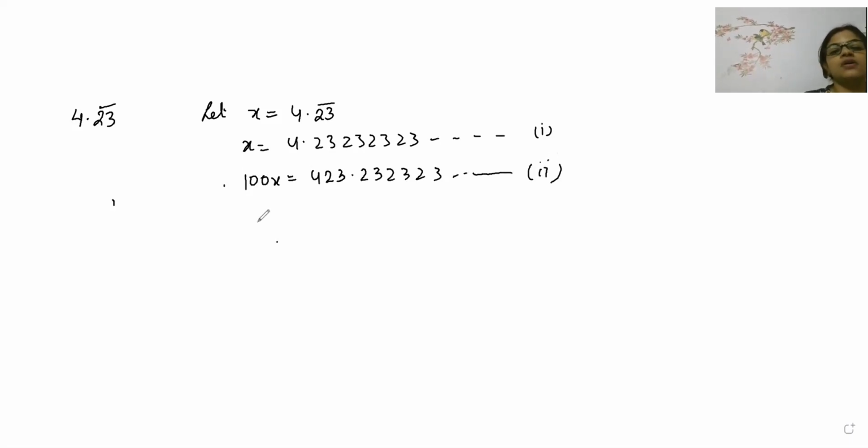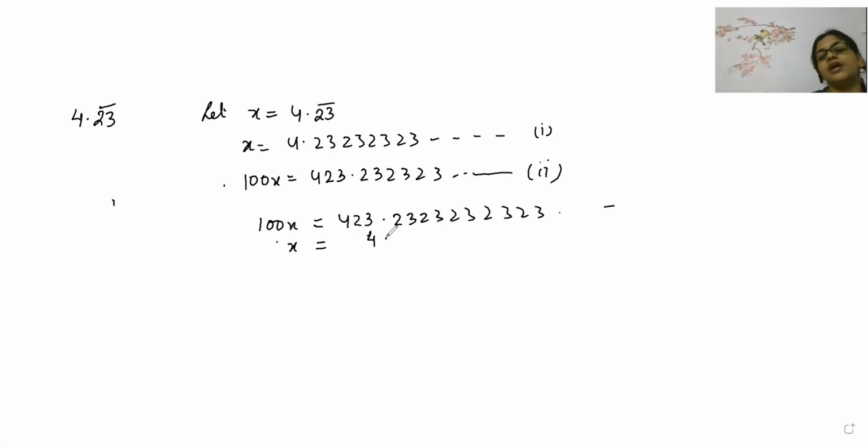Okay. Now subtracting 423.23232323, and so on. And down it will become x is equal to, here last digit 4 will be there, beta, because in first here 4 is there. So 2323232323.